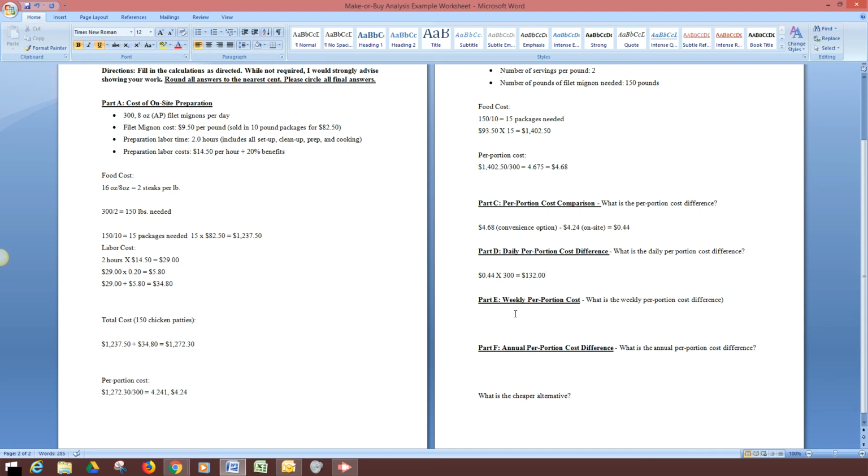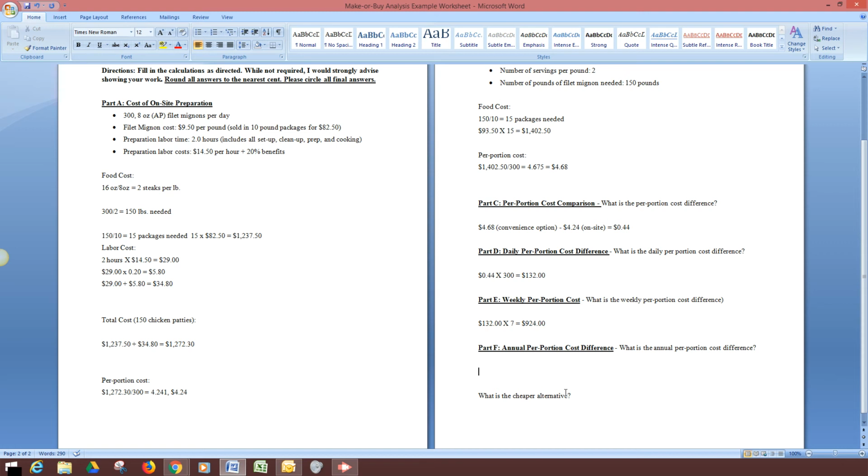So now how much will we be saving per week? Well, let's take that $132 and times it by 7 because there's 7 days in a week. So we'd be saving $924 per week. Now this is starting to amount to some serious money. Imagine if you earned an additional $924 per week. You could do a lot with that money.